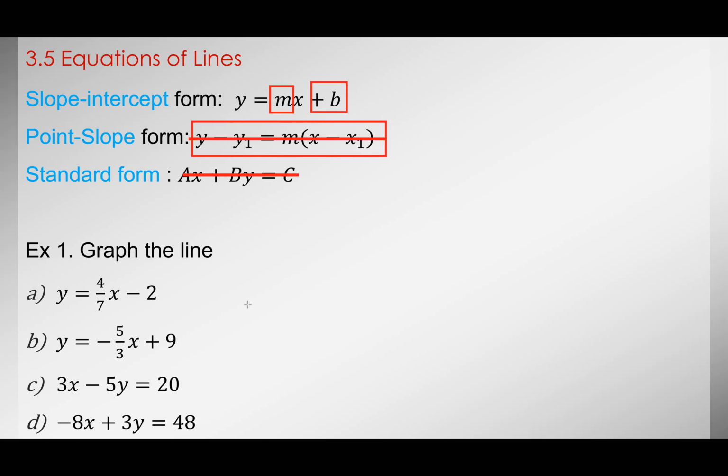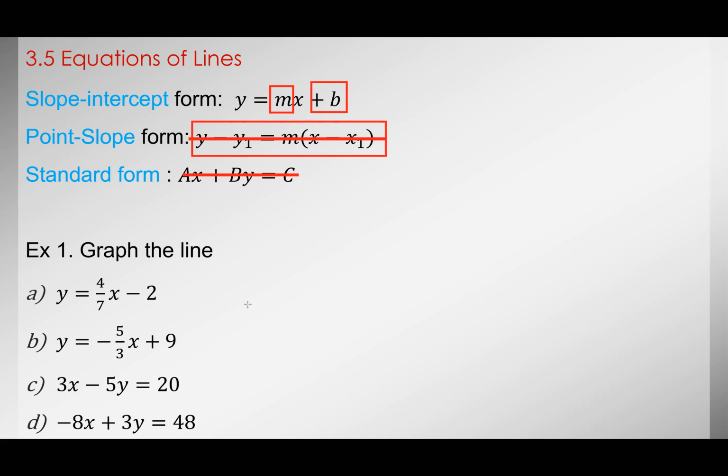But now, what if they don't tell you to do anything and they ask you to graph this line here, y equal to 4 over 7x minus 2? How would we go about graphing this line without constructing the table or finding the intercepts? Basically looking at this equation, can we graph it, okay?